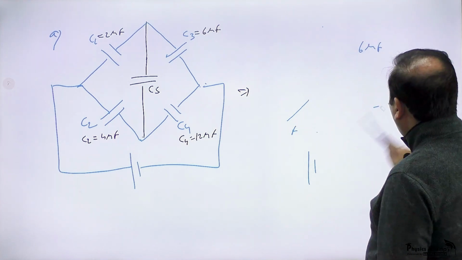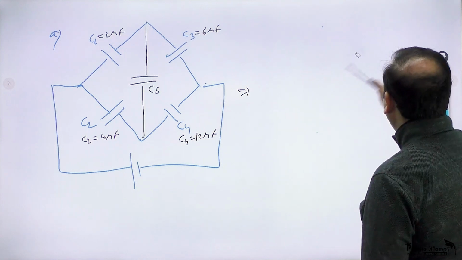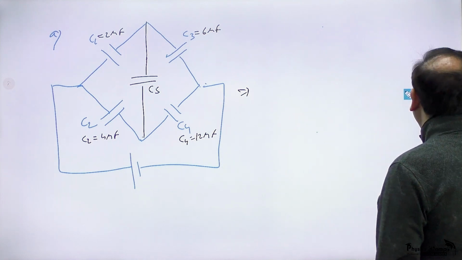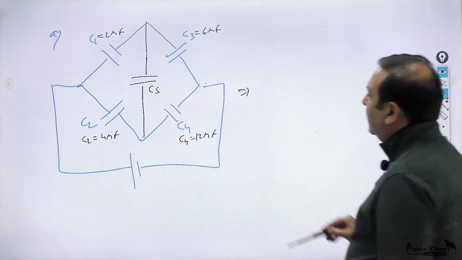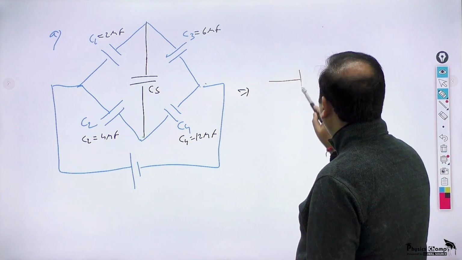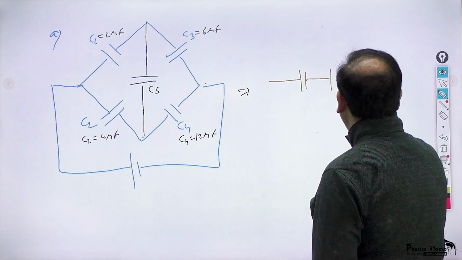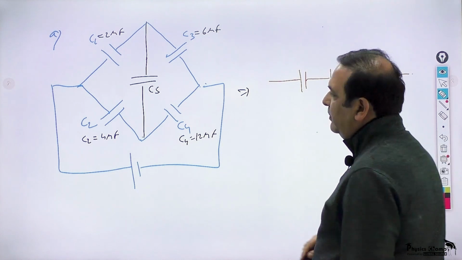Now another figure of the Wheatstone bridge which may be provided to you is somewhat like this, where we put 3 capacitors.